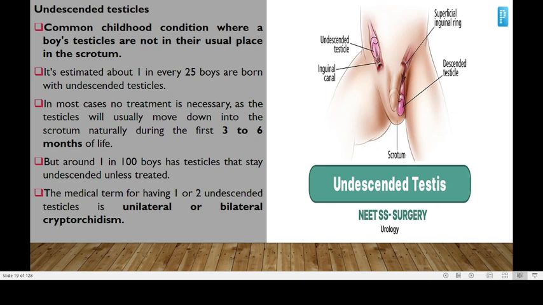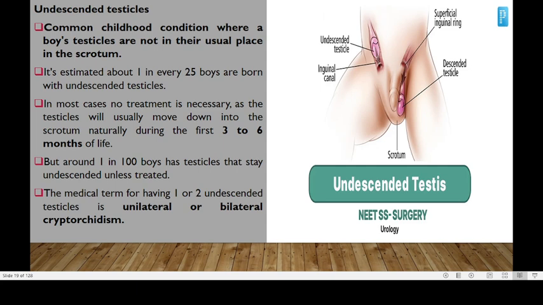So this is another reason why we have to perform assessment to check that the testes have descended, because it's a common problem. In most cases, no treatment is necessary as the testicles will usually move down into the scrotum naturally during the first 3 to 6 months.